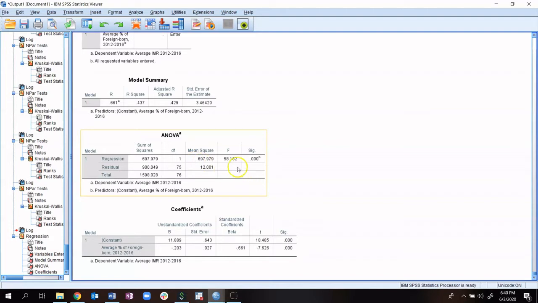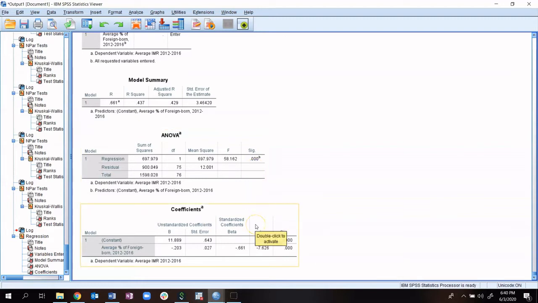Okay, and it does. It does a significantly better job. And with this, we don't have to go into a lot of explanation. Just noting that it's significant, which means that the sig value right here is 0.05 or less. That's all we need to take note of.